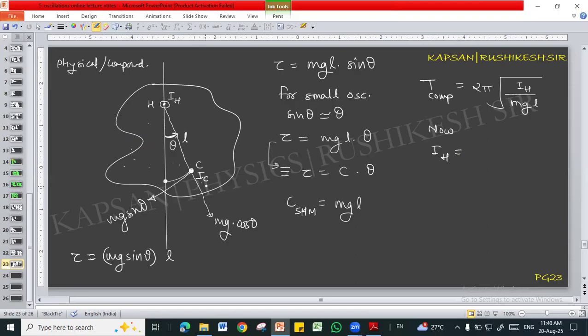Anyone? How to find IH if IC is given to you? काय करायचं? IC is given to you. IH is asked to you.